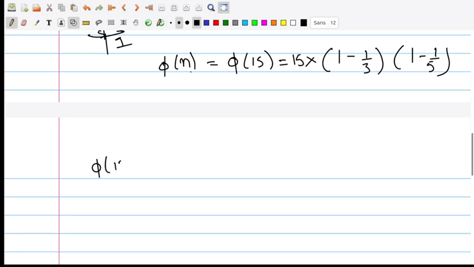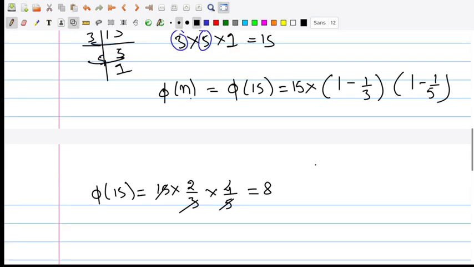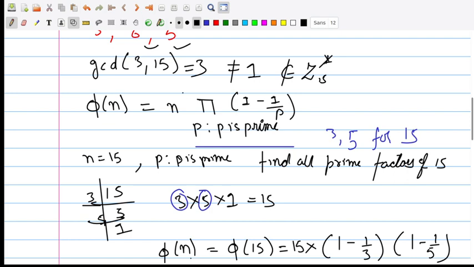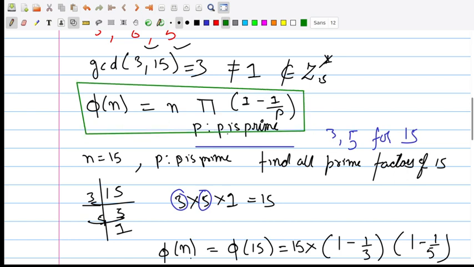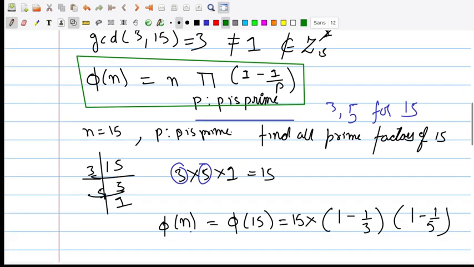Phi of 15 is 15 into 2 by 3 into 4 by 5, and this is basically 8, right? So that is how 8 is derived from this equation. Let me just put it into a square.